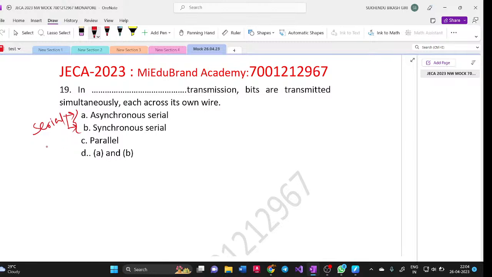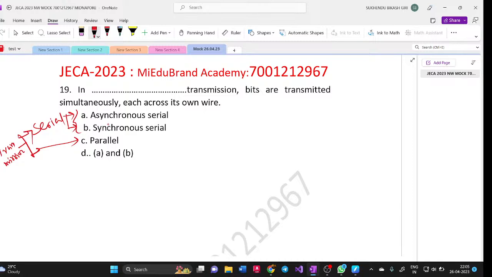And this is the parallel one. Transmission is classified into two categories: serial and parallel. Serial has two classifications: synchronous and asynchronous. Answer it.